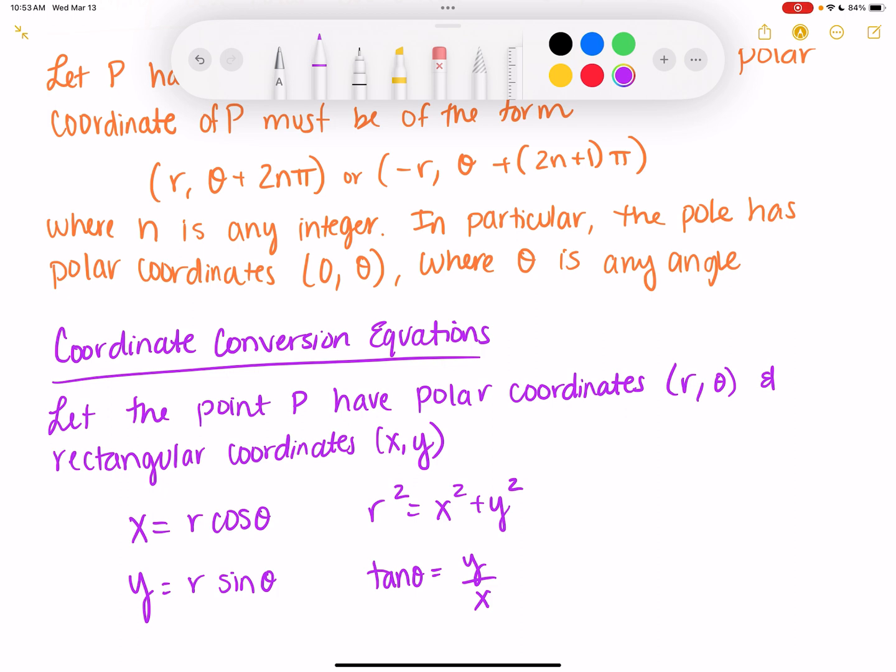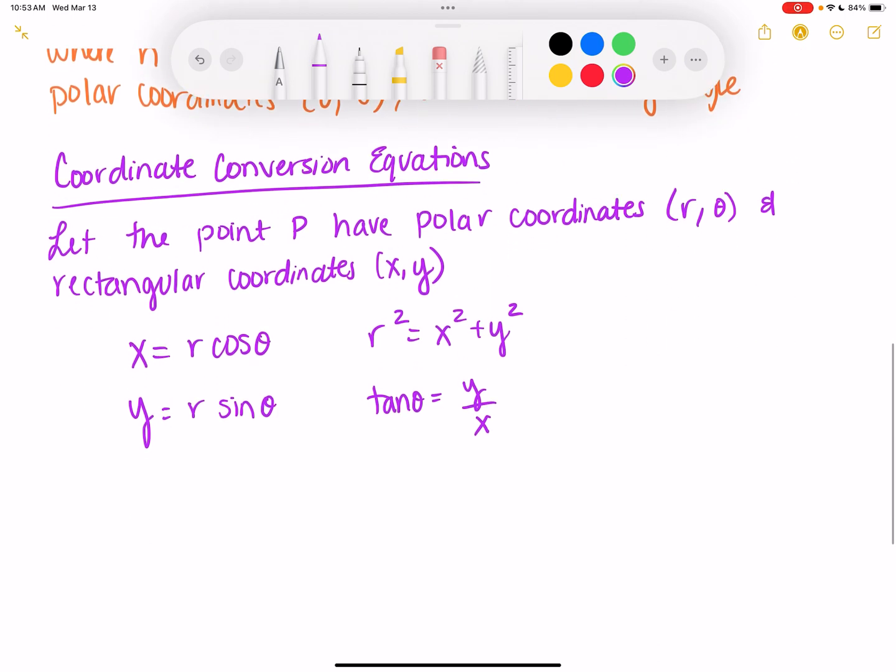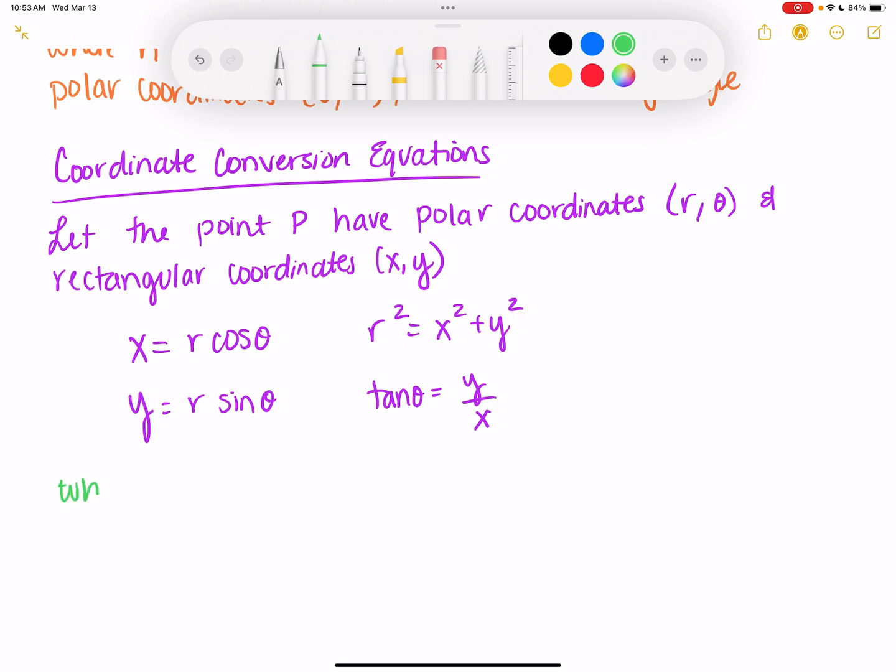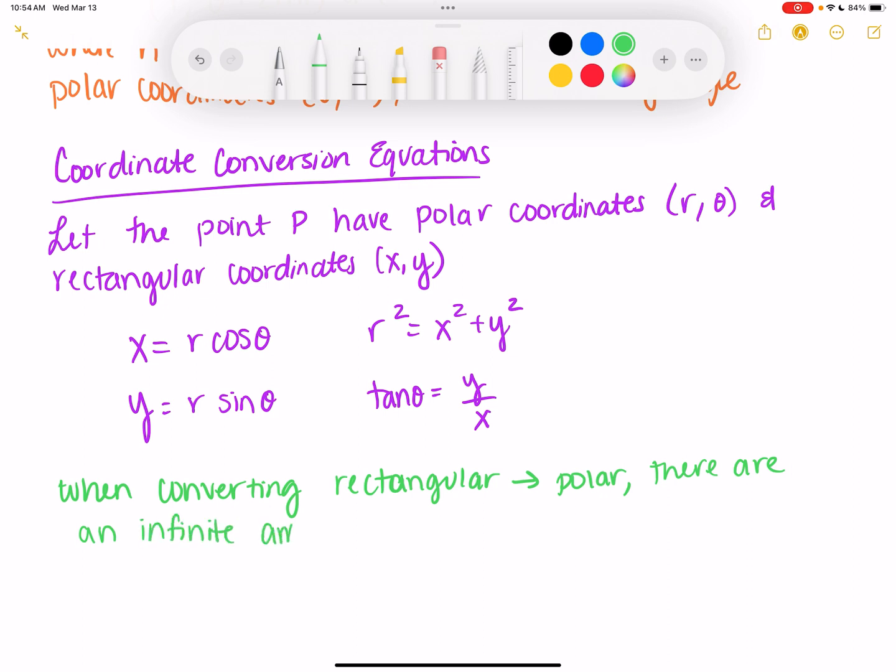Something to remember is that when converting from rectangular to polar, there are an infinite amount of possible polar coordinate pairs, so we typically just pick one or two.